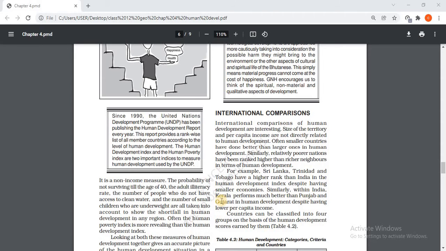Similarly, within India, Kerala performs much better than Punjab and Gujarat in human development despite having lower per capita income.